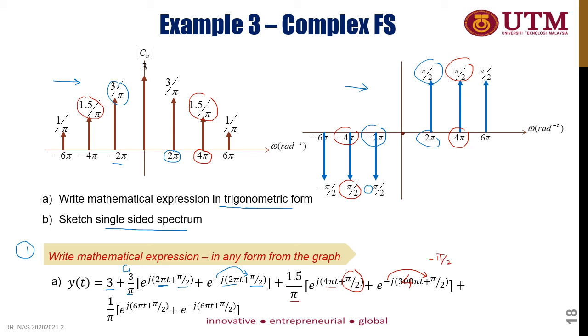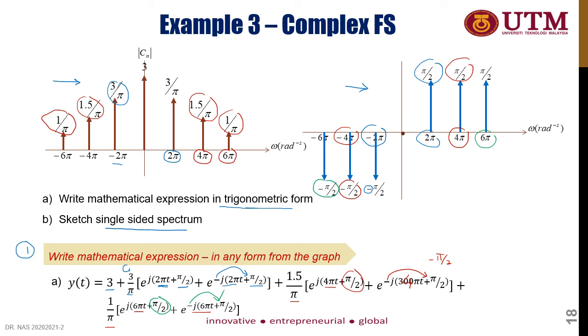Move on to the last pulse at positive 6 pi, where the amplitude is 1 over pi. So positive and negative 1 over pi is the coefficient or magnitude, and check the phase spectrum. At positive 6 pi it is positive, and at negative it is negative.